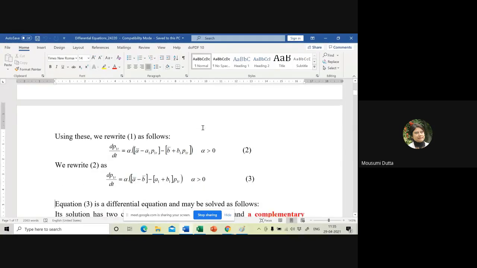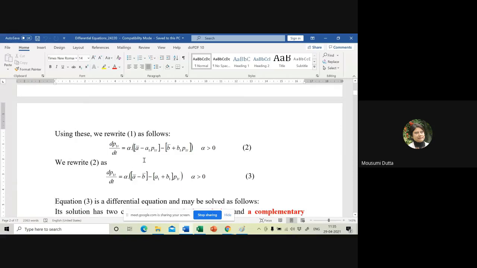Simply in place of d, put this value, and in place of s, put this value. And then rearranging equation 2 like this, constant terms I'm keeping together, and I'm taking p1(t) common, so the expression becomes dp1(t)/dt = alpha into (a bar minus b bar) minus (a1 plus b1) into p1(t), where alpha is greater than 0. So this is equation number 3.